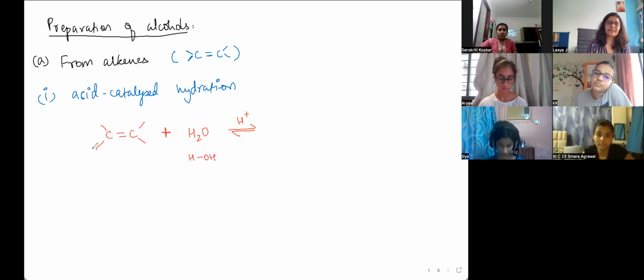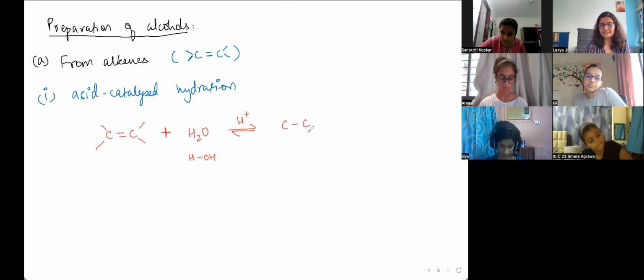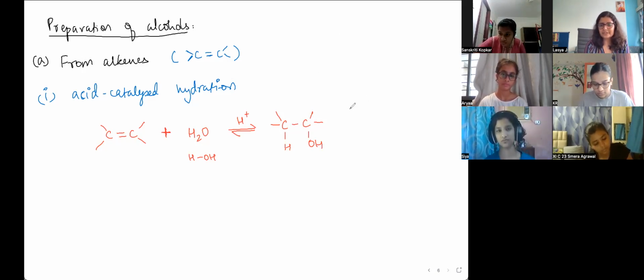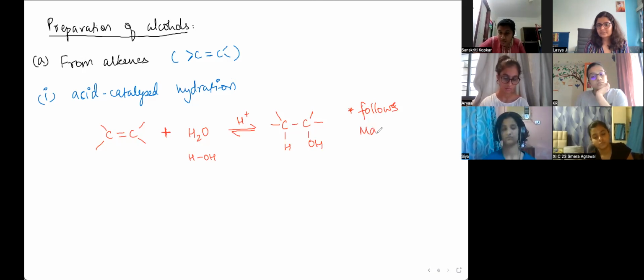H gets added one side, OH gets added another side, and you end up with an alcohol. Preparation of alkenes is the reverse. And this addition follows Markovnikov's rule. You guys remember Markovnikov's addition?